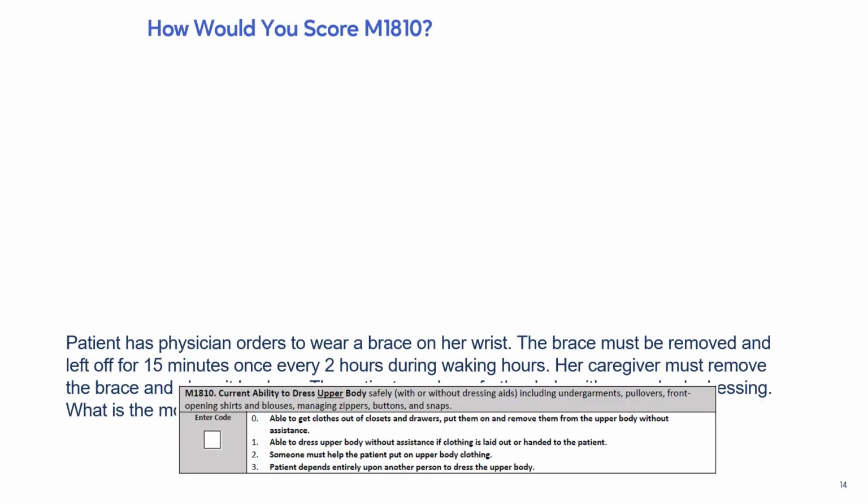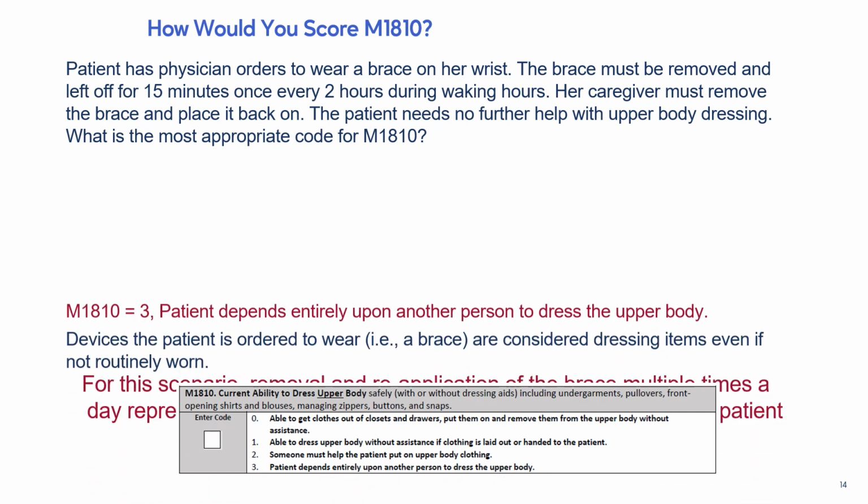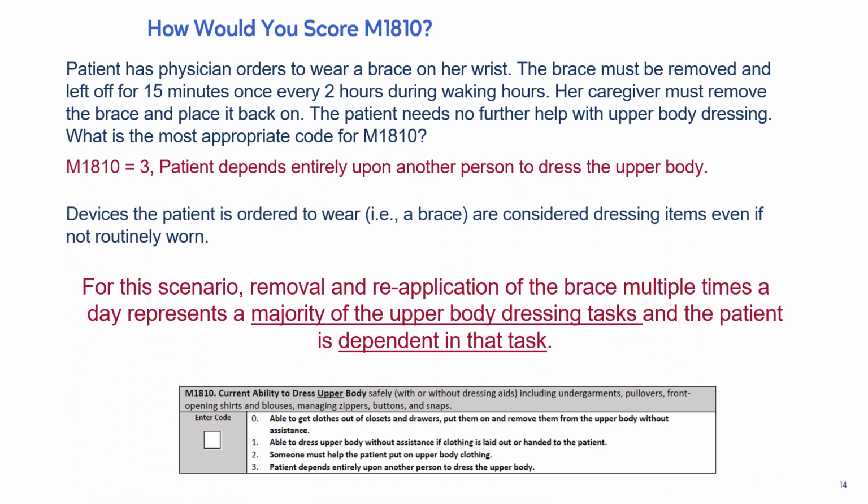So for this item, there's our question. We would say for M1810, we're actually going to score that as a 3. The patient depends entirely upon another person to dress the upper body. Reminder that devices the patient is ordered to wear, such as a brace, are considered dressing items, even if they're not routinely worn.